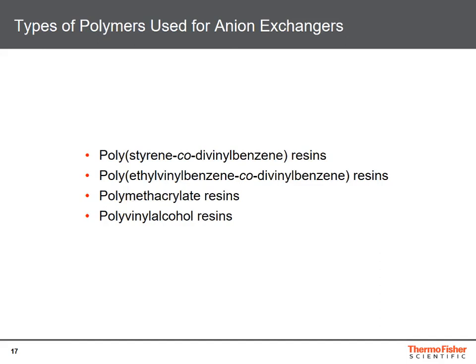But in addition, we see polymethacrylate and polyvinyl alcohol resins. Polymethacrylates are usually used especially for the separation of sulfite and sulfate, or in a more general way for sulfur speciation, whereas polyvinyl alcohol resins show a very high resolution for inorganic anions. However, they are not as pH stable as the styrene-based materials.